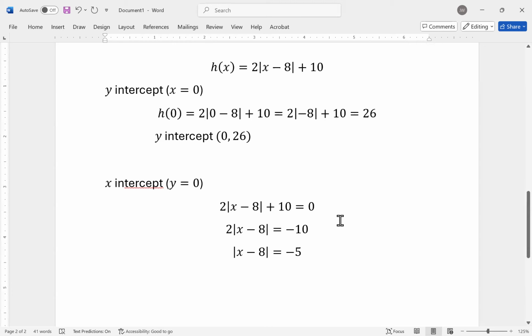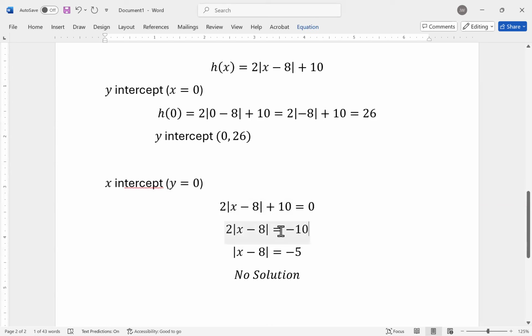Just like before, we can see that this is a non-negative equal to a negative number, which is never going to be true. So this is always false. Therefore, there is no solution to this absolute value equation.